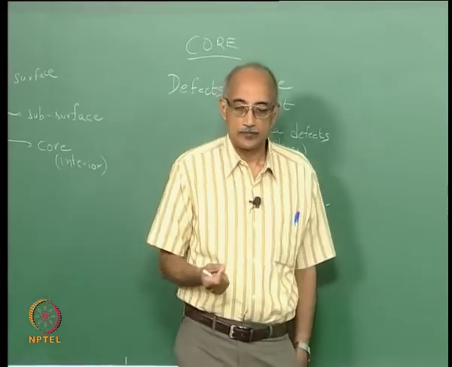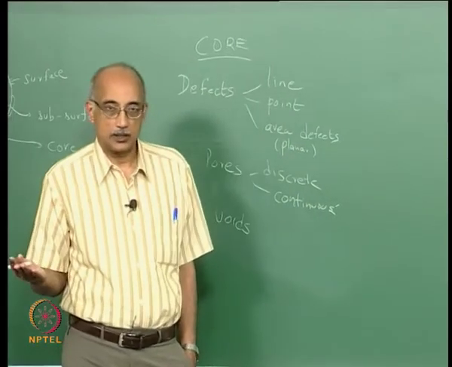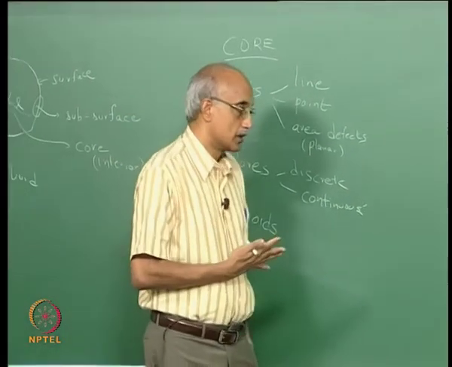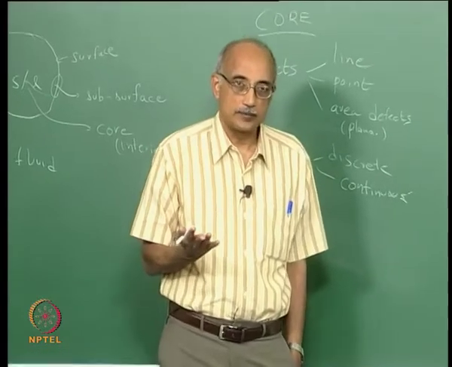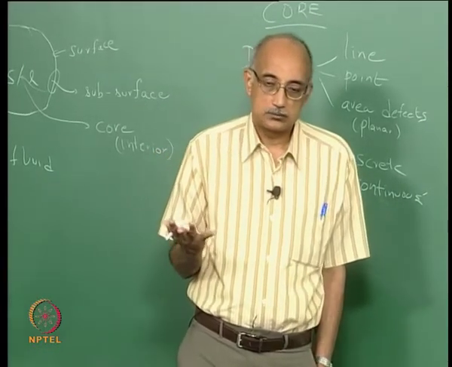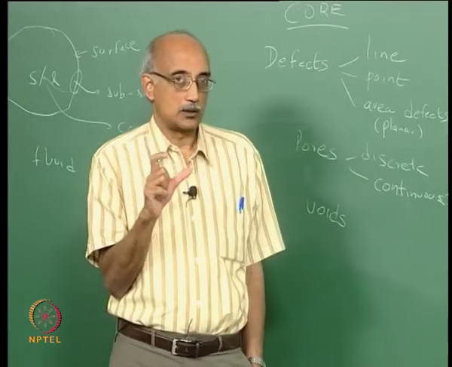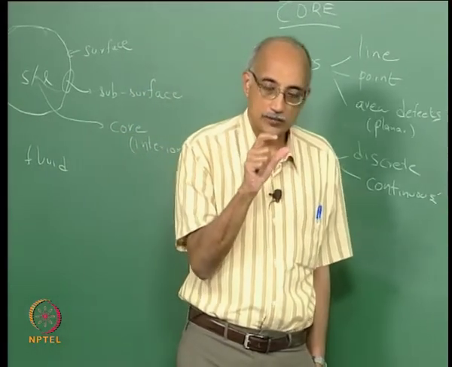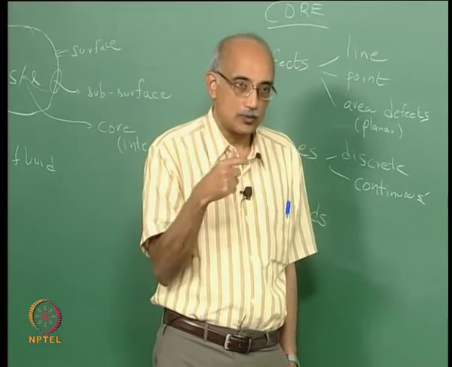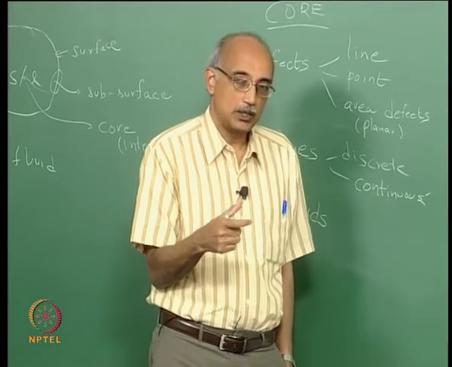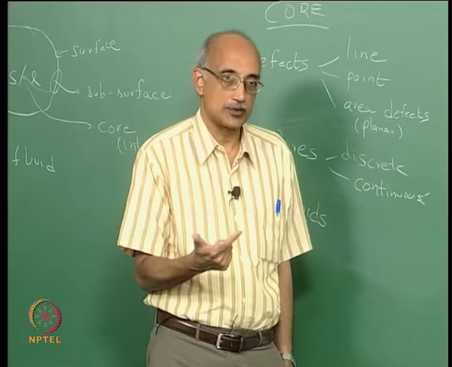For example, if you are a process engineer and you are using the particle, let us say as a catalyst, to run a chemical reaction, the aspect of the particle or the critical feature of the structure that you care about the most would be the surface and the subsurface regions.